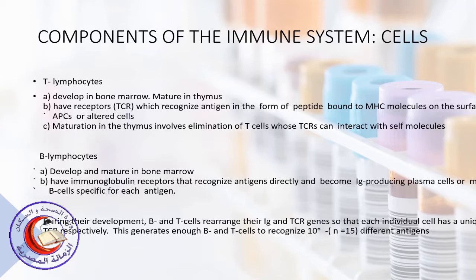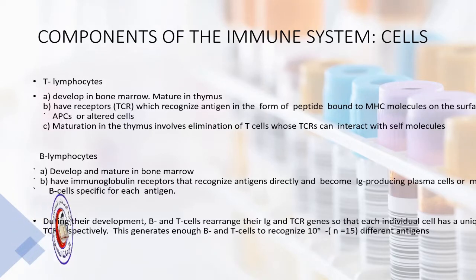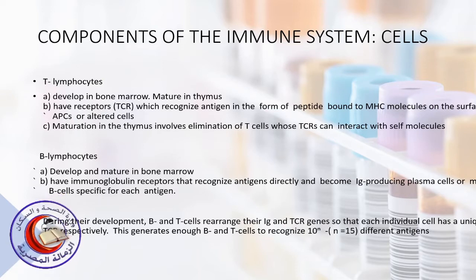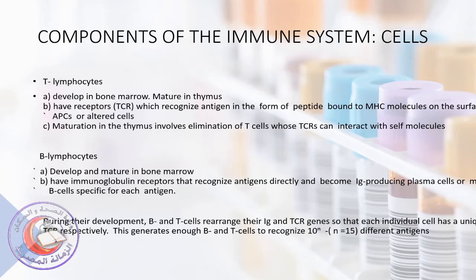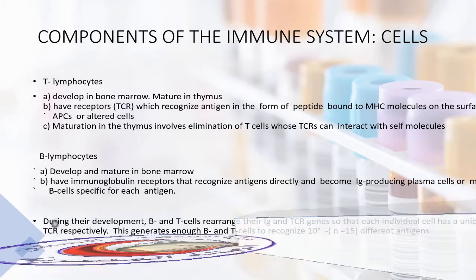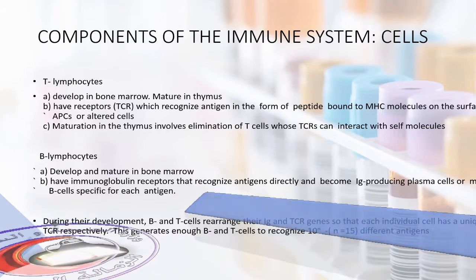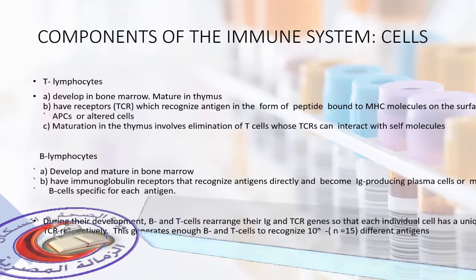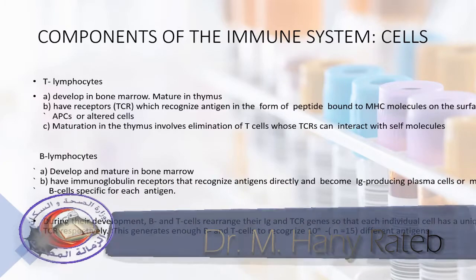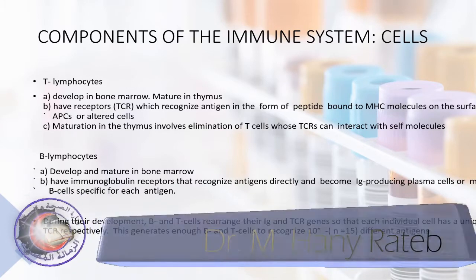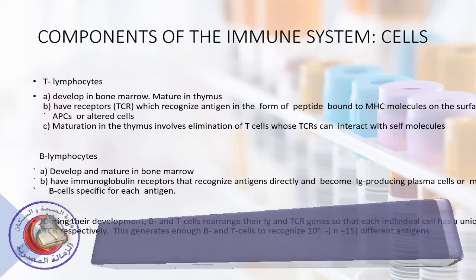By maturing, we mean that cells with receptors that can recognize and interact with body molecules are eliminated. In the case of the B lymphocytes, the elimination occurs in the bone marrow, hence B cells mature in the bone marrow. In the case of T lymphocytes, the elimination occurs in the thymus.